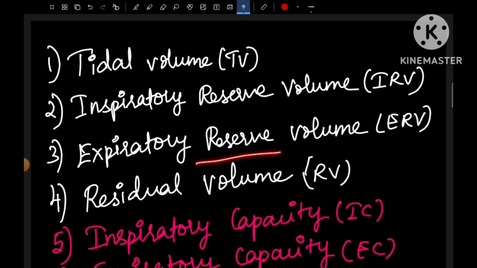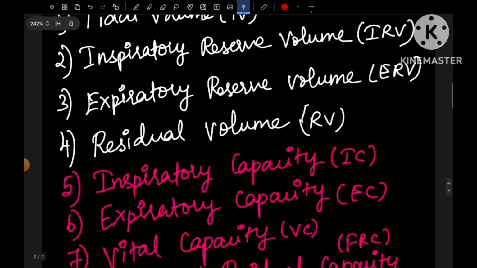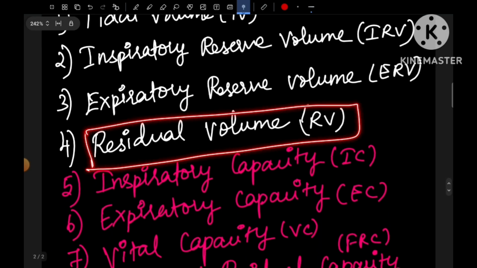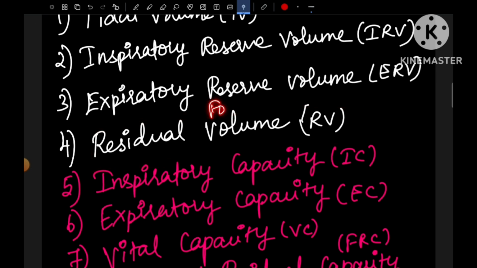Next, the same thing goes with expiration. So there is an expiratory reserve volume, the additional volume which we can expire. Next there is something called residual volume. Even after forced expiratory volume, what is this? I'll explain it at the end, I'm not writing it because it might cause a little confusion.